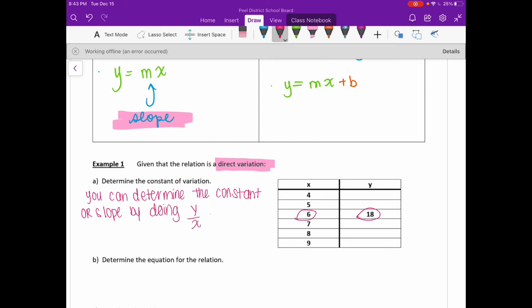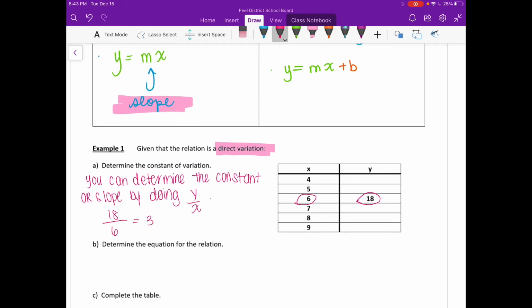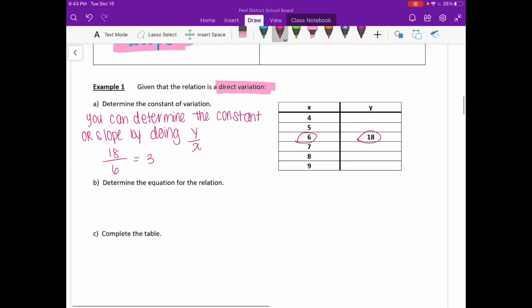In this situation, we can just do 18 divided by 6 equals 3. So this is going to go up by 3 each time. So determine the equation of the relation. It's just going to be y equals 3x.